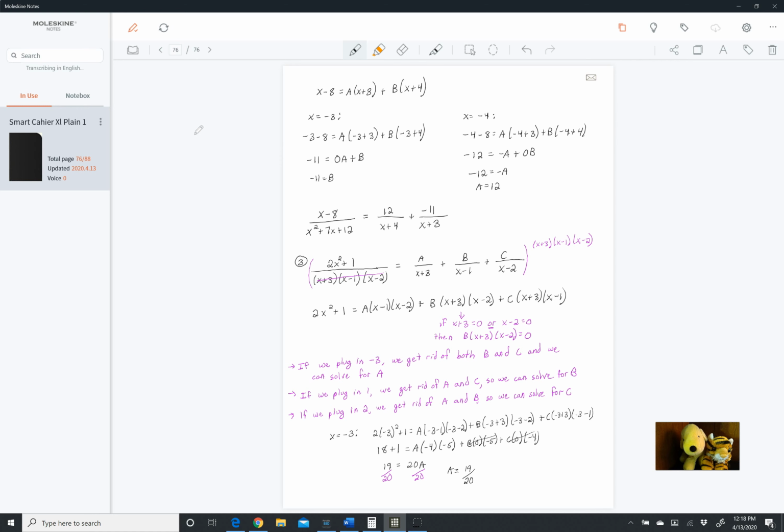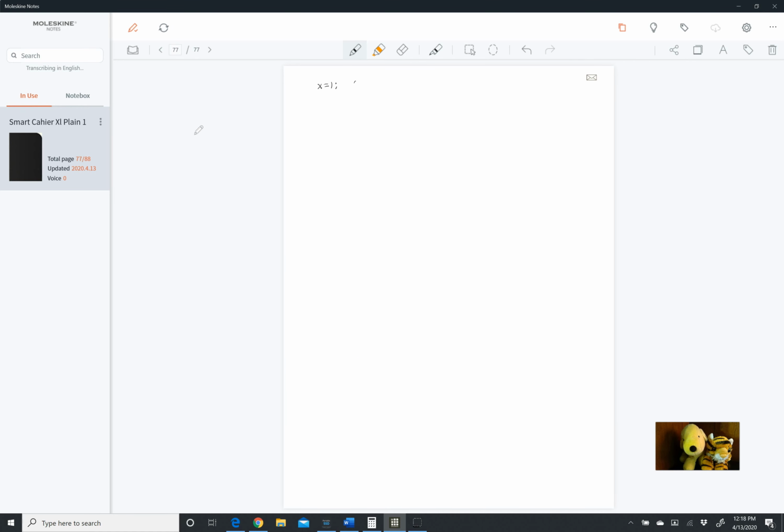Okay, let's plug in x equals 1. So we have 2 times 1 squared plus 1 is equal to a times 1 minus 1 times 1 minus 2, plus b, 1 plus 3, 1 minus 2, plus c, 1 plus 3, 1 minus 1. And again, I'm going to put in this extra step.